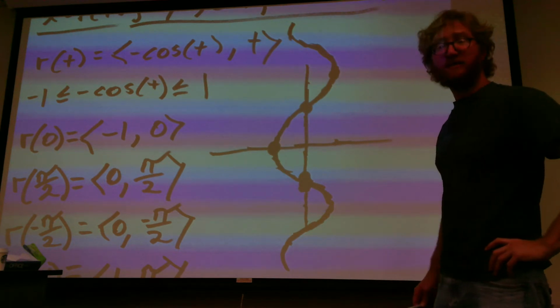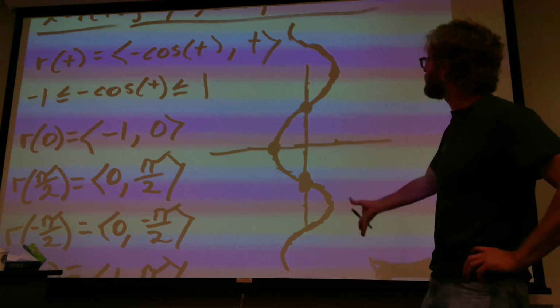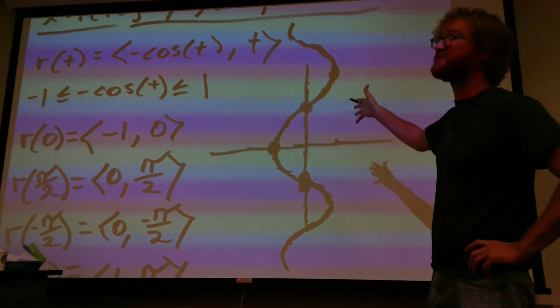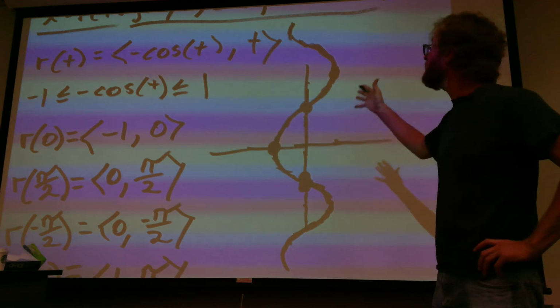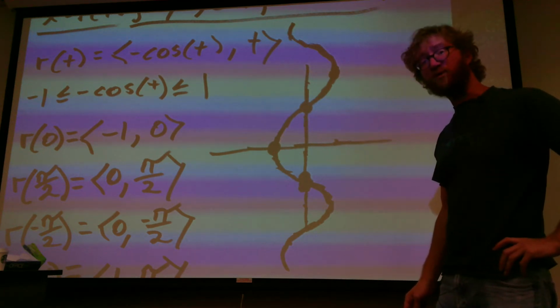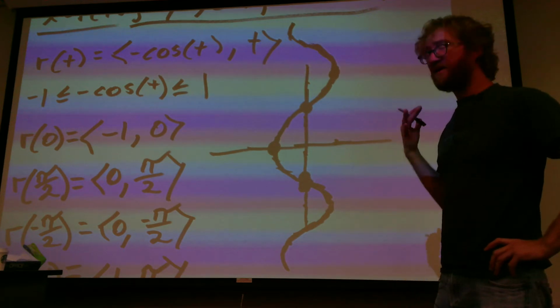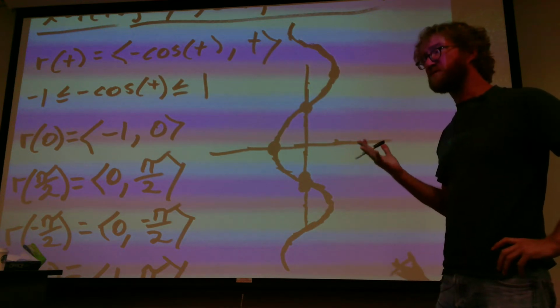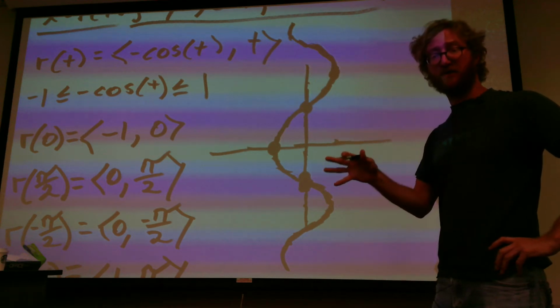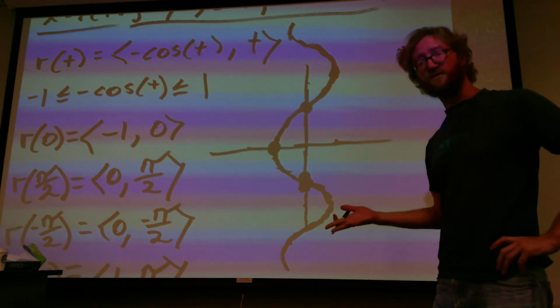But we end up with cosine basically just going up in the y direction because we're telling the y direction it's t. It can grow and shrink, but the cosine wave itself is going to be bounded between -1 and 1. So to try to get an idea of these curves, you want to say, well, why don't I sample some points and try to figure out what this thing would actually look like?